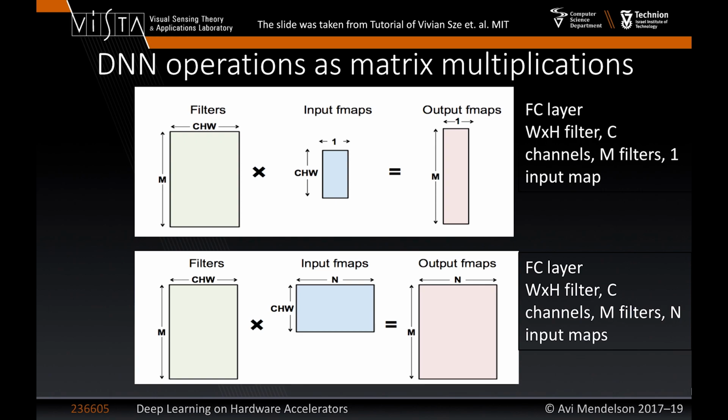So what happened is that we took something that looks tremendously sequential because of all these nested loops, and when I do it as matrix multiplication, we have a lot of methods that we know for doing matrix multiplication in parallel.